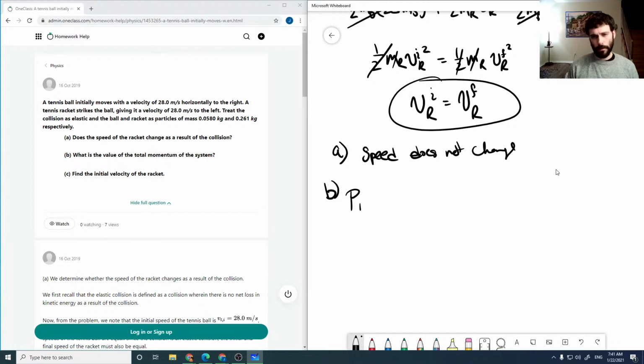So P total, we can either do it initially or finally. So we could use mass of our ball, velocity of our ball initially, plus mass of our racket, velocity of our racket initially. And this is actually a vector quantity, so let's throw those in there.